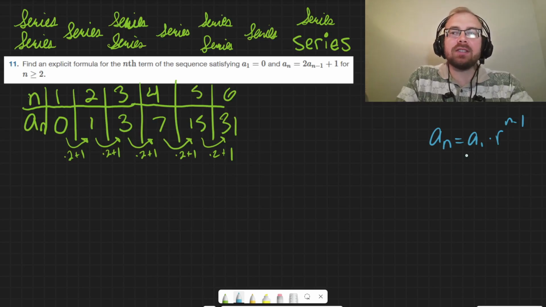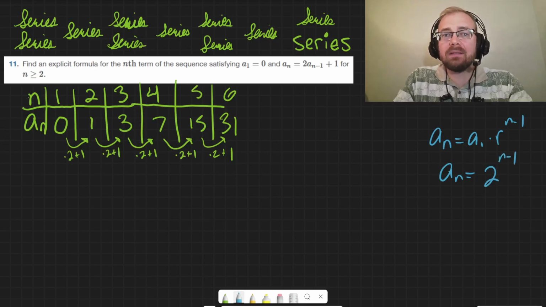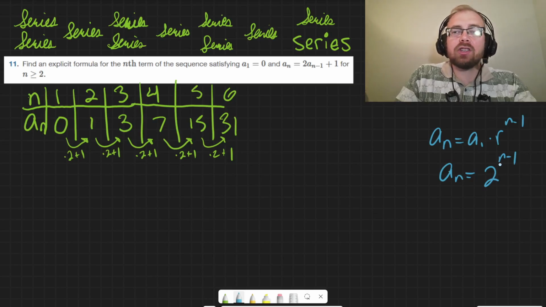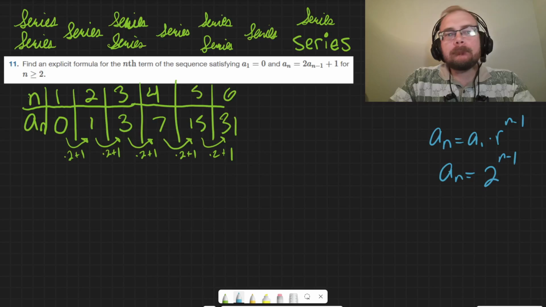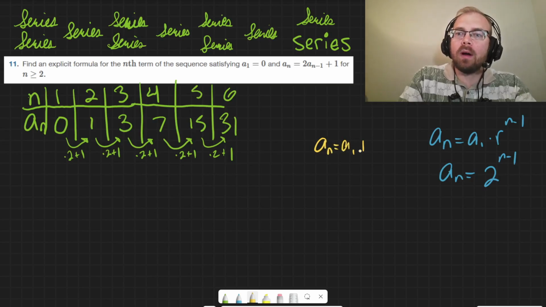We know we're multiplying by 2 each time, so our explicit formula should have something in the way of 2 to the n minus 1, or 2 to the n of some kind. It should have a base of 2. But it's also arithmetic because we're adding 1 each time. If it's arithmetic, then it would be a1 plus the common difference times n minus 1, and the common difference is 1, so it should just be n.